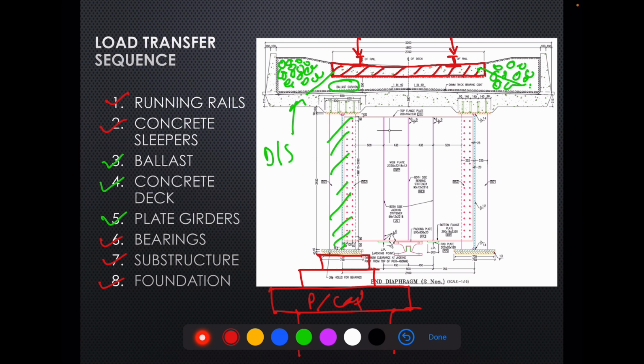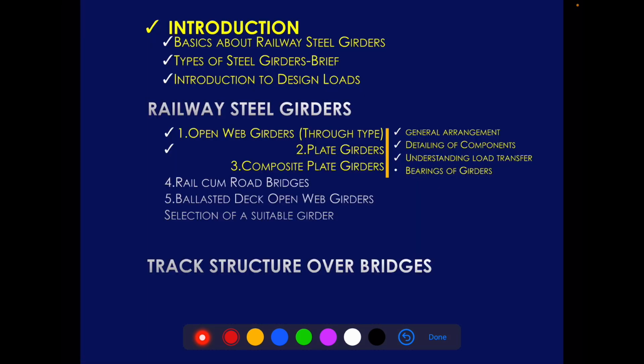This is how load transfer takes place from rail wheel to the foundation, and then to the soil. I hope it was easy to understand with the help of this figure. So we have completed understanding of load transfer in case of composite steel plate girders. Now we will study the suitable bearings.